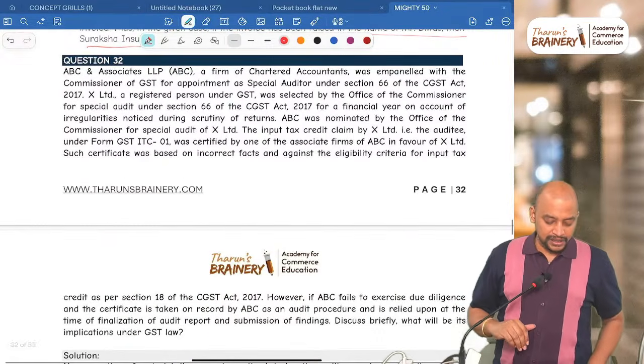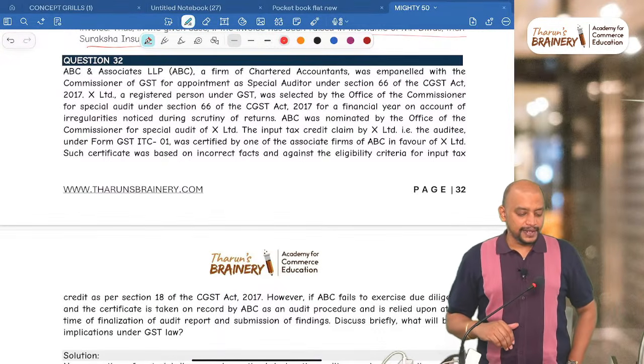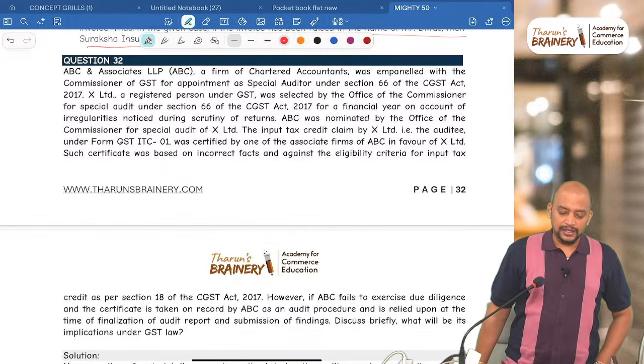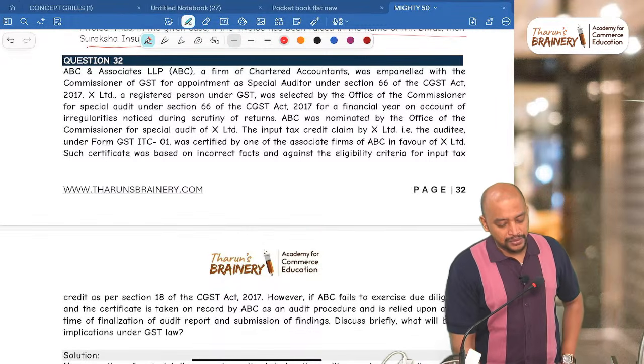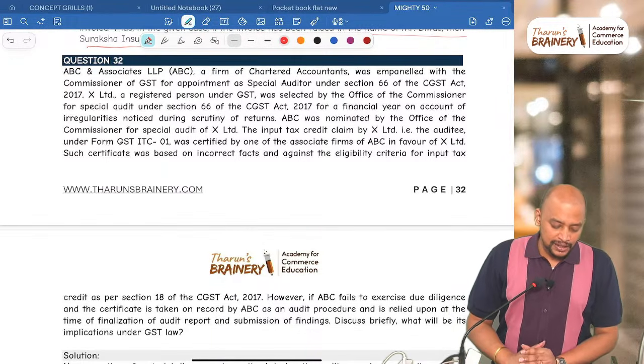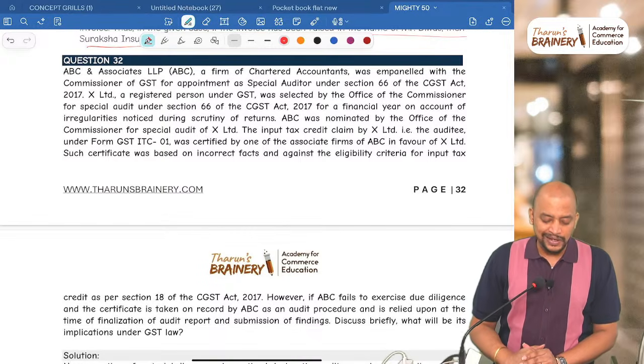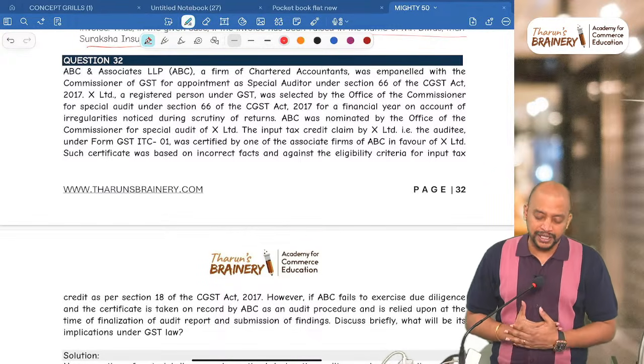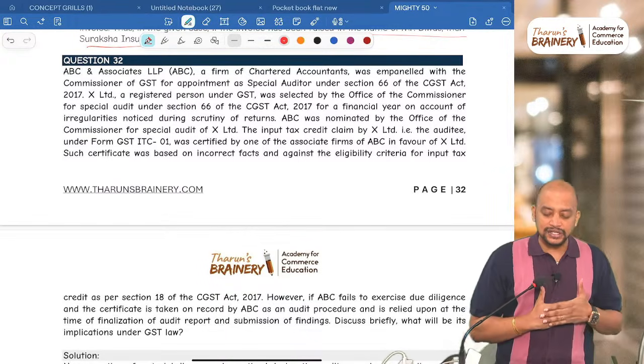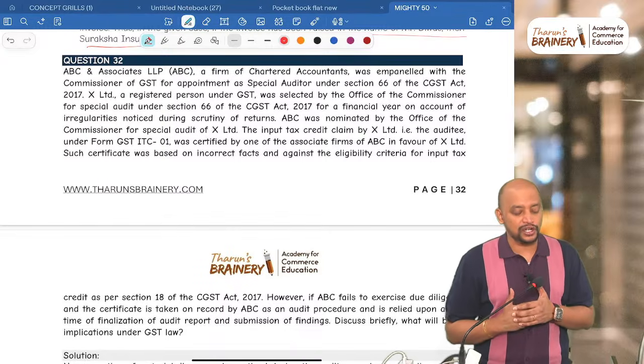Next, question number 32. ABC and Associates LLP, a firm of chartered accountants, was empaneled with the Commissioner of GST for appointment as special auditor under section 66 of the CGST Act, special audit.